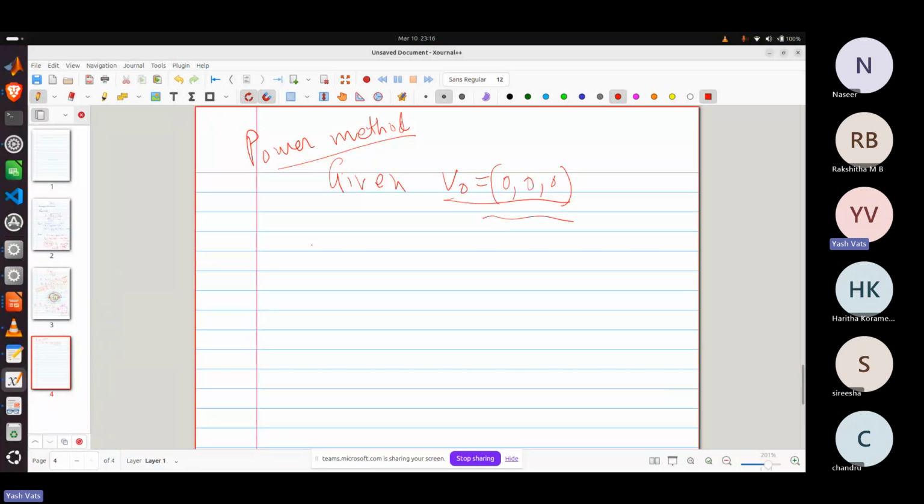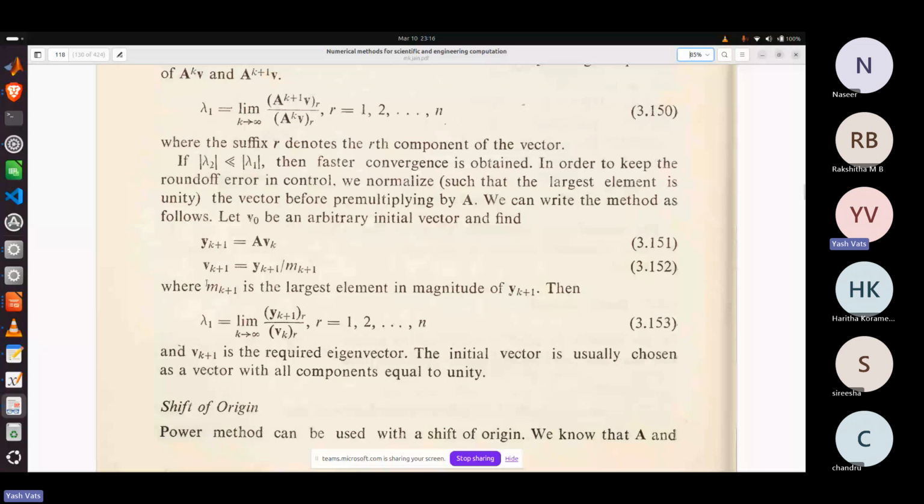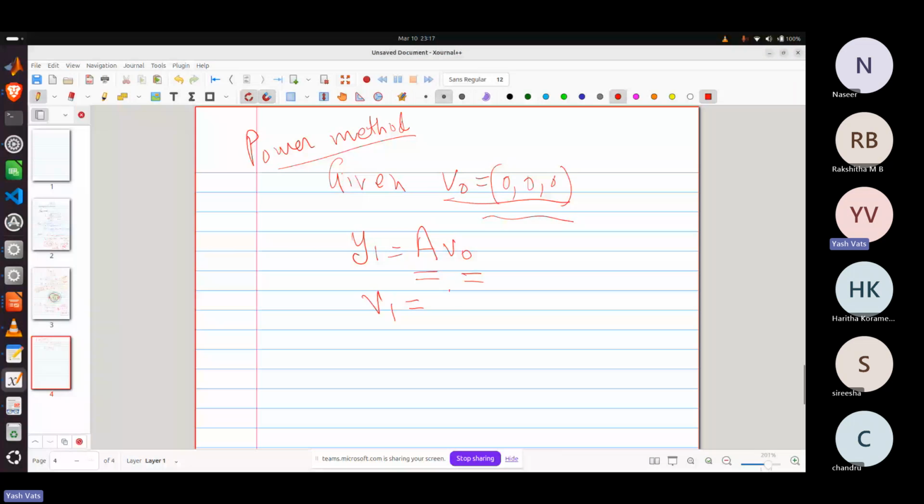So you have V naught, then you have y1, which is A times V naught. So you multiply your A with V naught. Then V1 you define as Y1 divided by m1, the largest element in magnitude of y1.